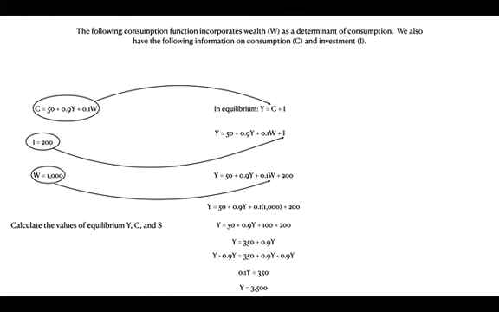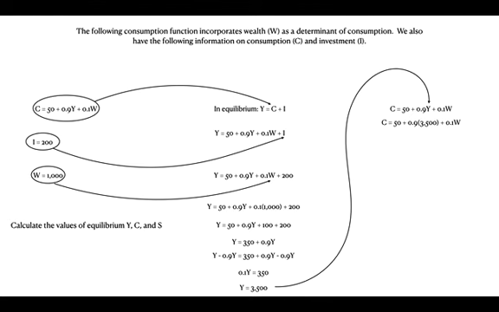So we've calculated equilibrium income. Now we need to calculate equilibrium consumption. So we take our consumption function and we place what we calculated for Y, 3,500, and that gives us consumption is equal to 50 plus 0.9 times 3,500 plus 0.1W. So 0.9 multiplied by 3,500 gives us 3,150.